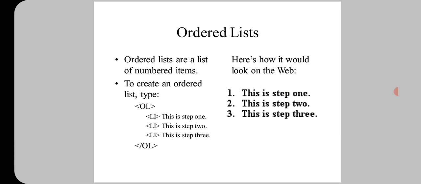The OL tag is used to create an ordered list, whereas the UL tag is used to create an unordered list.